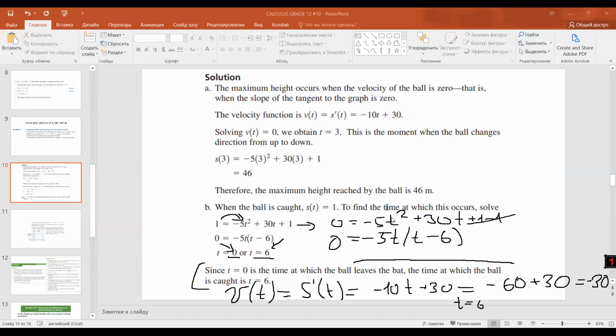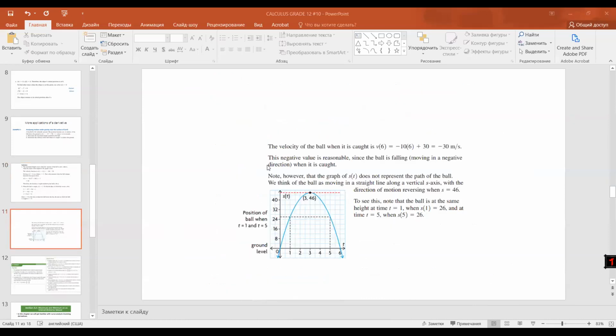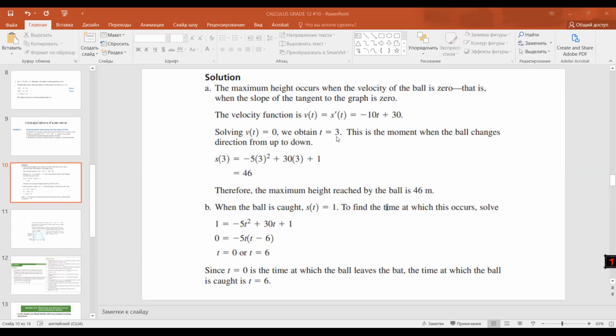So here's the solution: t equals 6, negative 30 meters per second. And here you can see that we found the extreme value of this function. It's the moment of time when the ball changes its direction, which we defined as t equals 3, right?